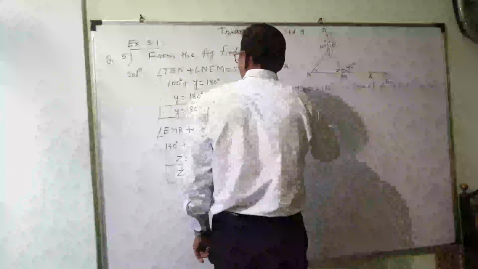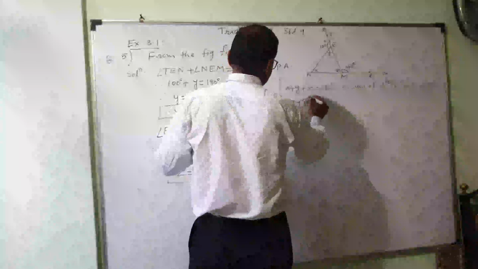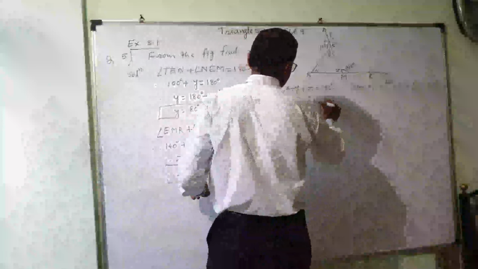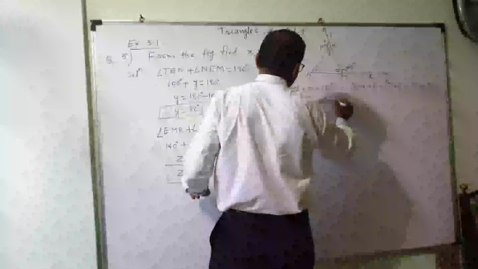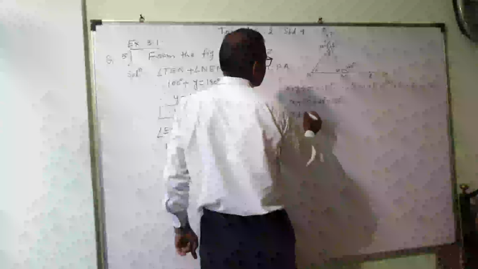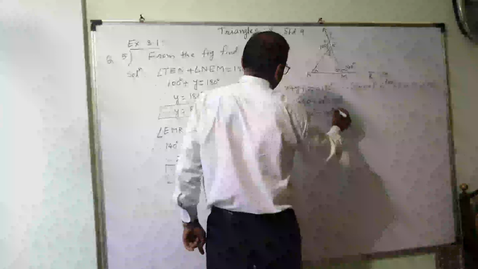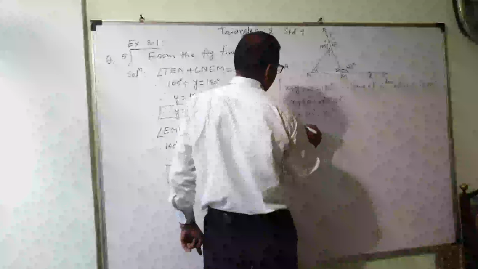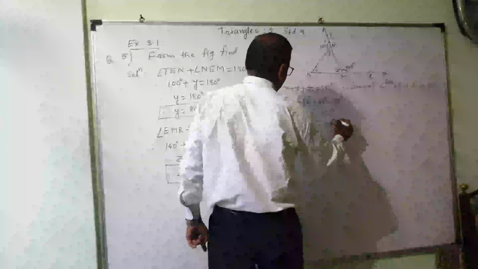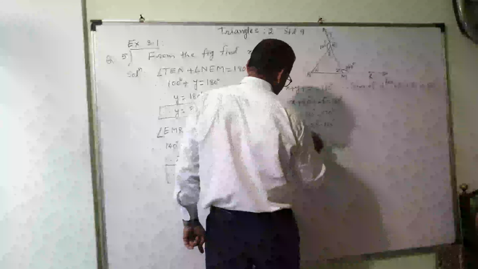X plus y, y value is 80, plus z we have just found 40 degree is equal to 180 degree. Therefore, x plus this sum will be 120 degree is equal to 180 degree. Therefore, x is equal to 180 degree minus 120 degree, and therefore x is equal to 60 degree.